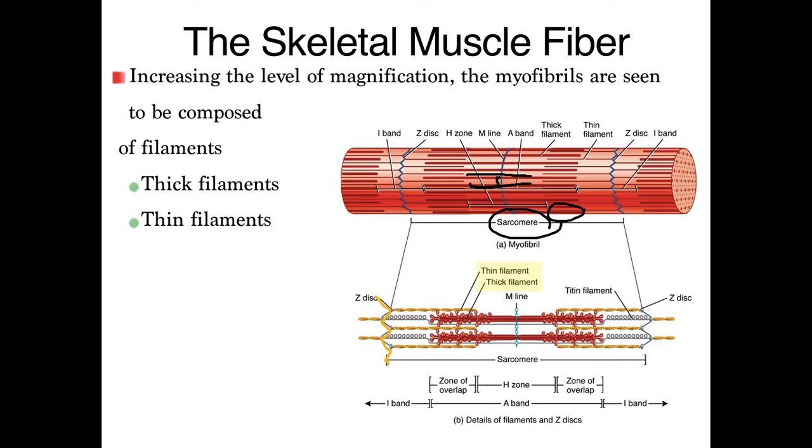This whole area, from here over to here, that whole area where there's thick filament, whether or not it's overlapping with thin filament, is called the A band.